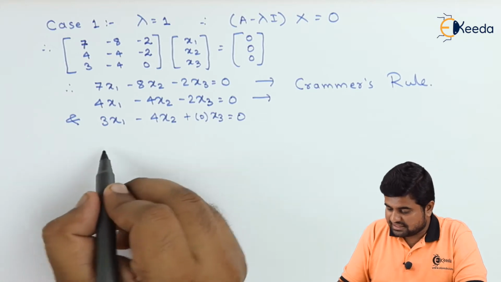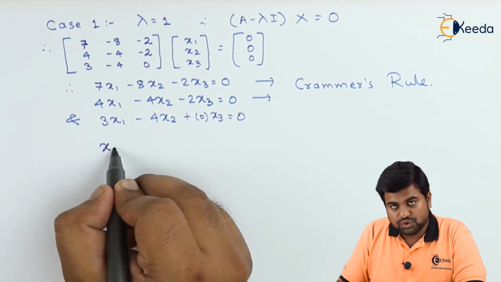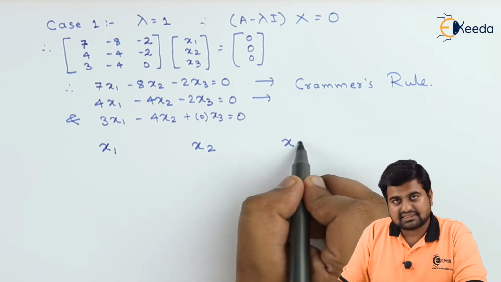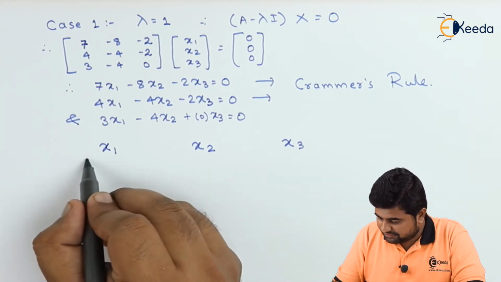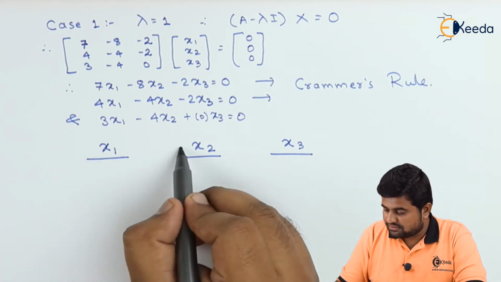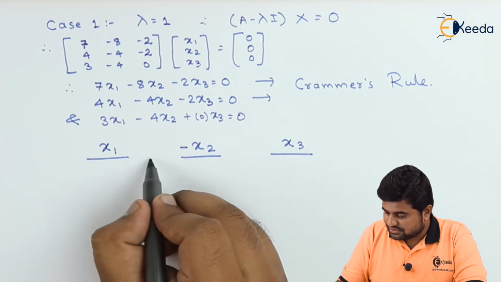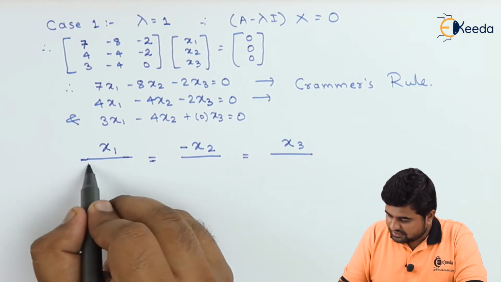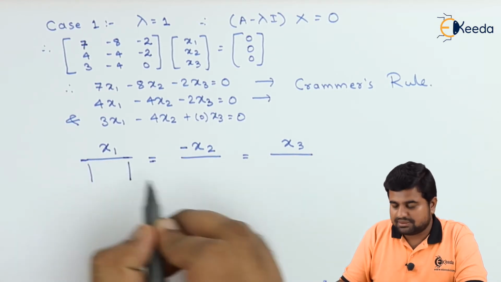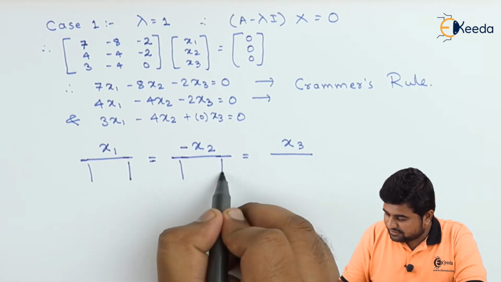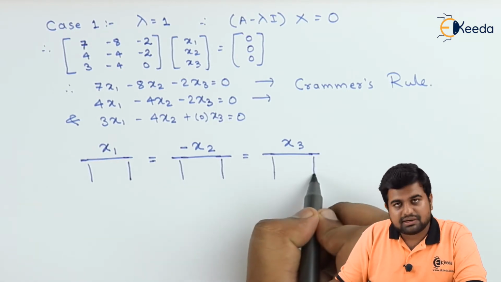What Cramer's rule says, you consider unknowns x1, x2, x3. You equate them with alternate plus minus signs, plus, minus, plus, and each is divided by a determinant.